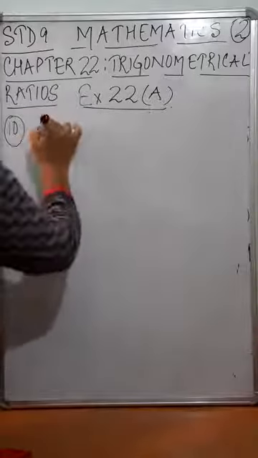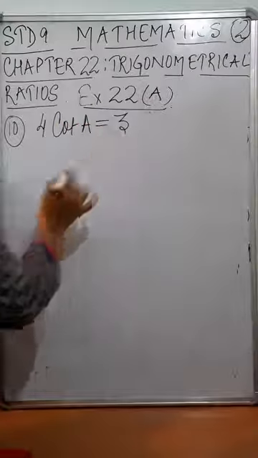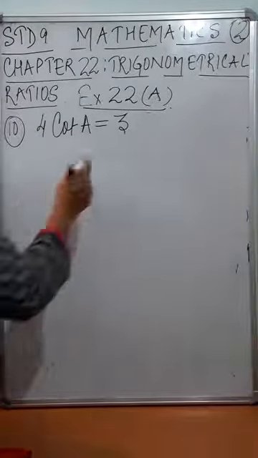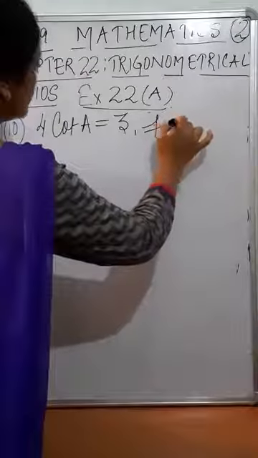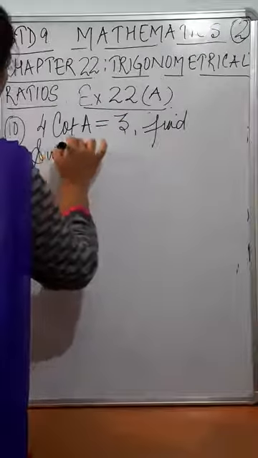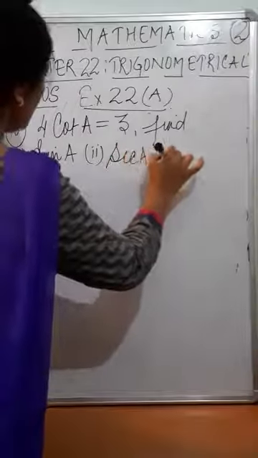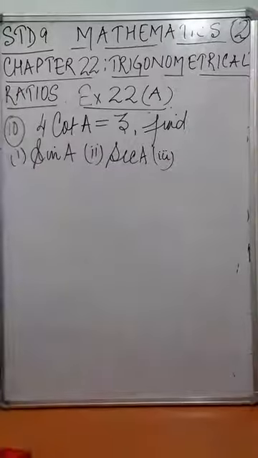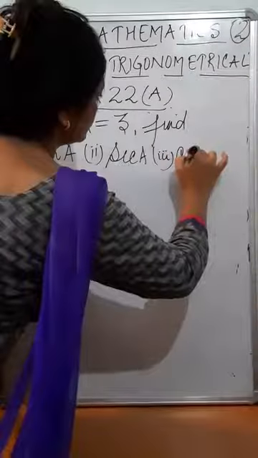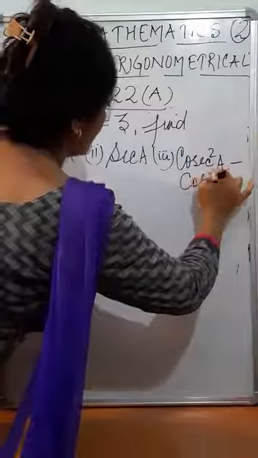Given 4 cot A equals 3, find sine A, second sec A, and third, cosec square A minus cot square A.